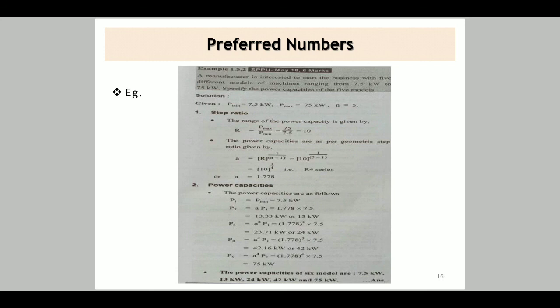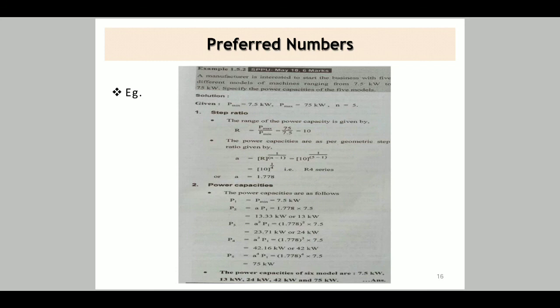So P5 is A raised to 4 into P1, that is 1.778 raised to 4 into 7.5, and it will be 75 kilowatt. We also know that P5 is the maximum capacity, which is given as 75 kilowatt. So our answer is correct and matching the given values.